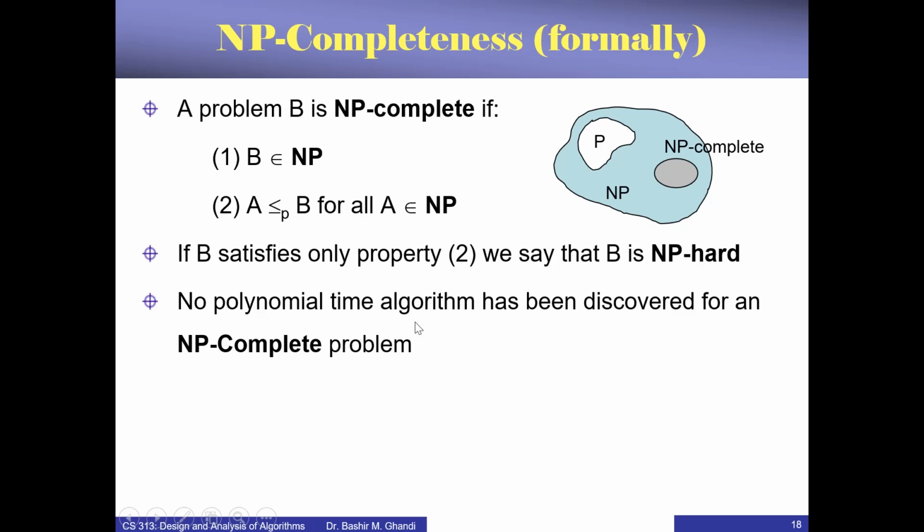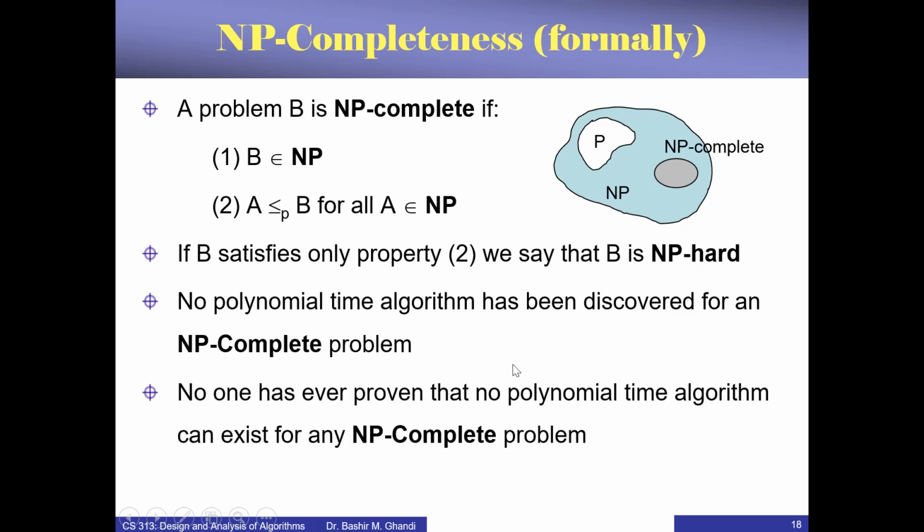No polynomial time algorithm has been discovered for an NP-complete problem. So far no such algorithm has been found. Also the reverse is true. No one has ever proven that no polynomial time algorithm can exist for any NP-complete problem.